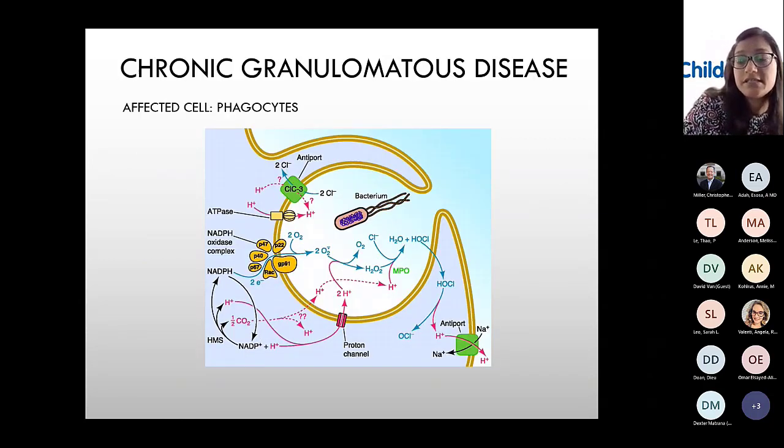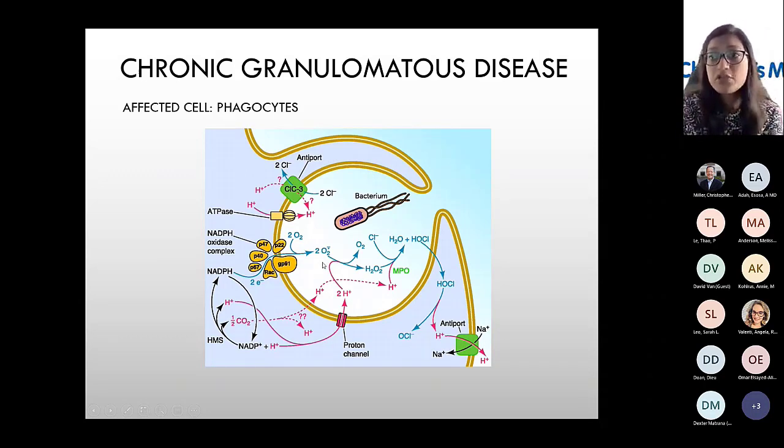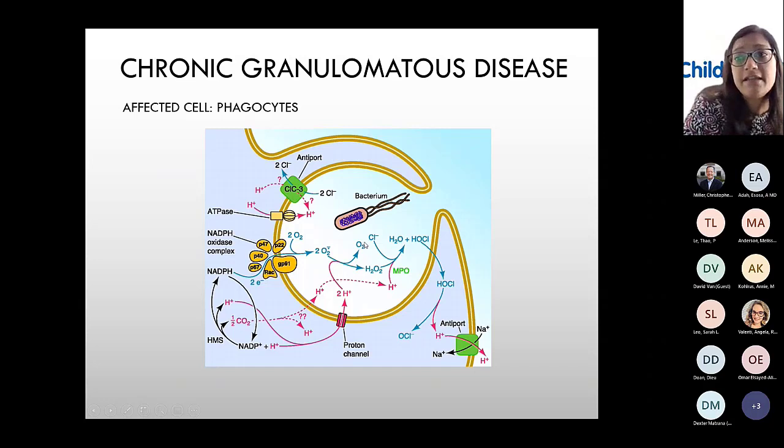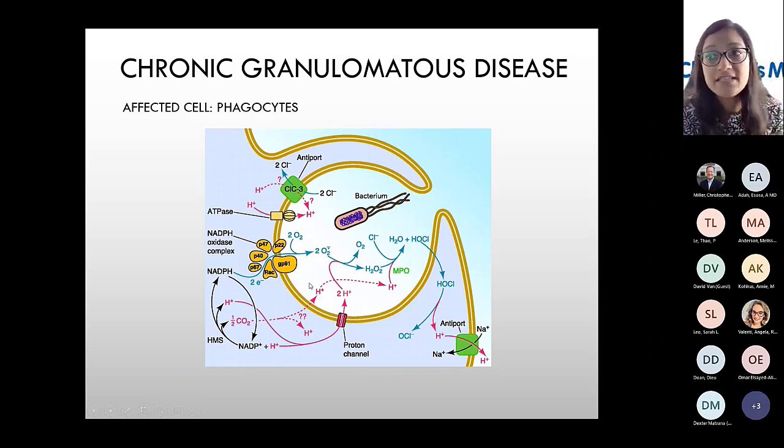Chronic granulomatous disease. Here, the oxidative burst capacity of neutrophils can be affected. So the neutrophils can go to the site of infection, perform phagocytosis, so engulf the bacteria or the microbe. And once it's inside, they have to use their machinery called the NADPH oxidase system. If that's defective, then they cannot kill the microbe.